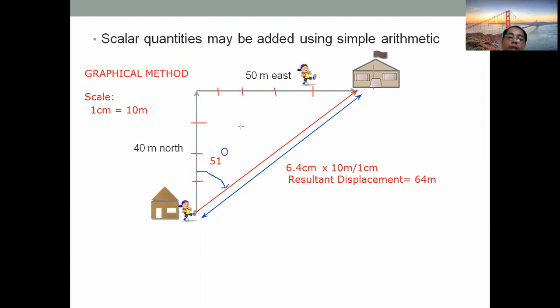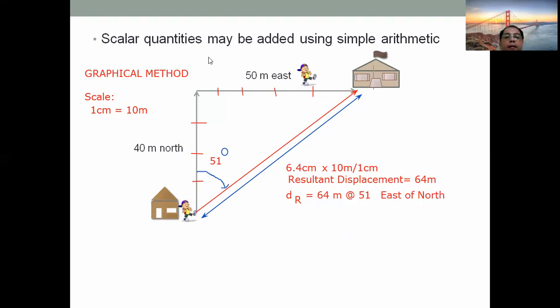You can use your protractor and then eventually have this one. So eventually, the value, which we call the resultant displacement, I'll call it d sub r, is now equal to, by the graphical approach, 64 meters, and it is going 51 degrees east of north.